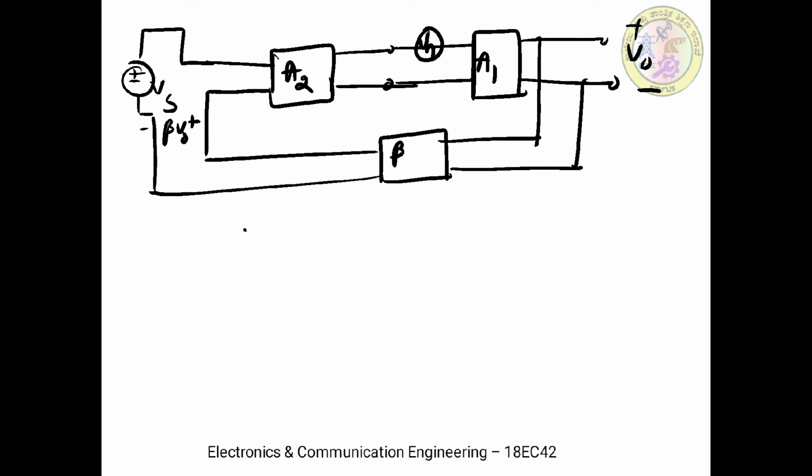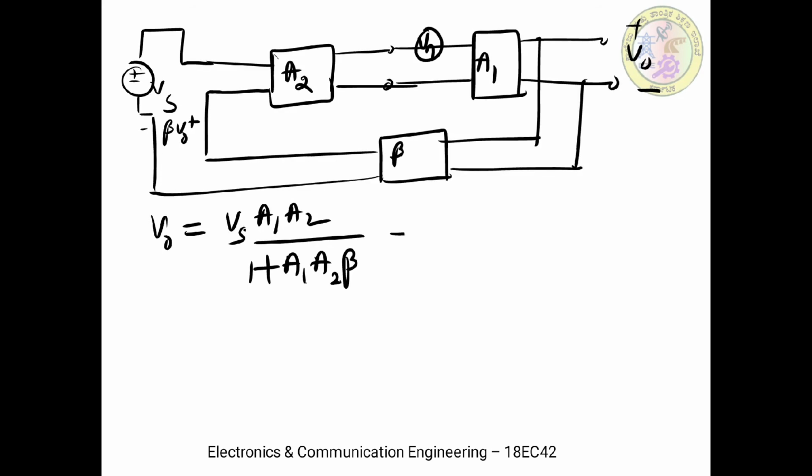For this kind of connection, the V0, that is the output at the final stage, is found by superposition, that is V0 will be equal to Vs into A1 A2 by 1 plus A1 A2 into beta, plus Vn into A1 divided by 1 plus A1 A2 into beta. What is this?